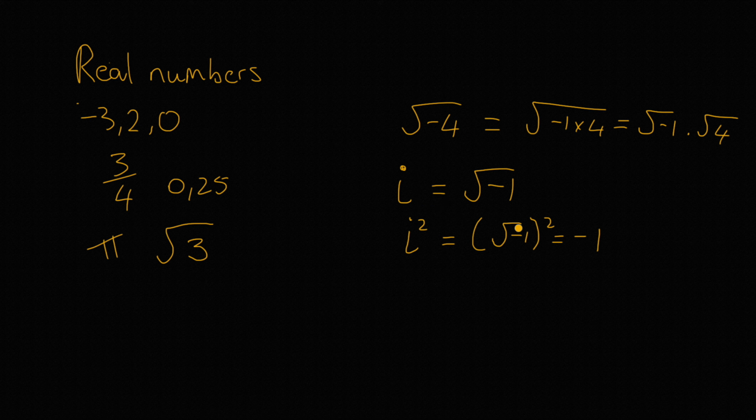The square root of -1 is i, and the square root of 4 is 2. So the square root of -4 is actually equal to 2i. So we can get a solution to this non-real number, the square root of -4. This is called an imaginary number.